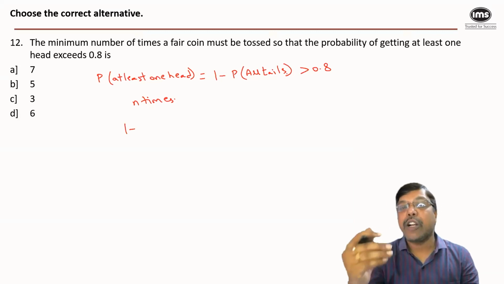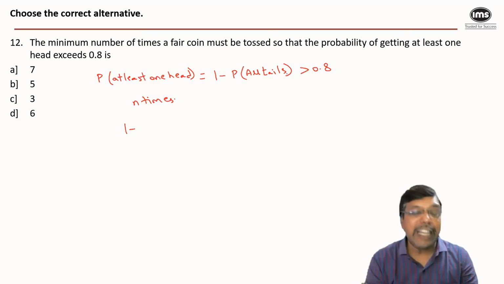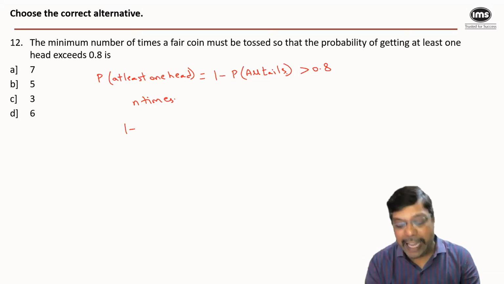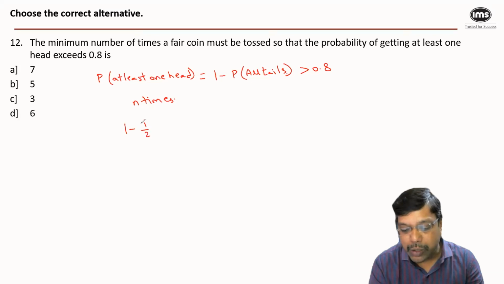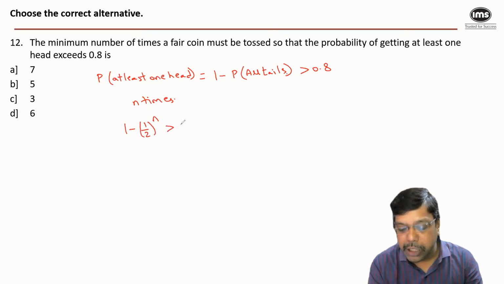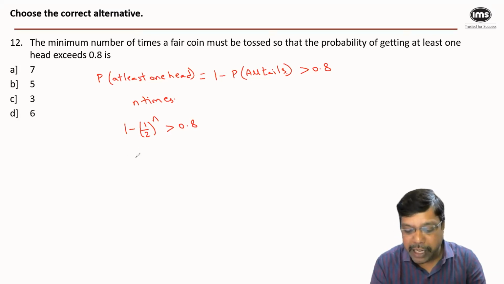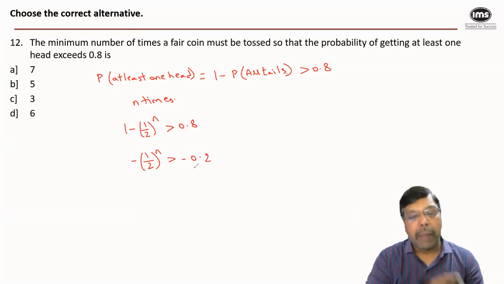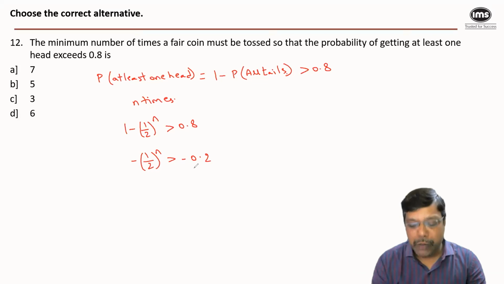So if I toss a coin n times and every time I want it to show a tail, then the probability is going to be 1 by 2 whole power n, which must be greater than 0.8. So from here, I can say minus 1 by 2 whole power n must be greater than minus 0.2, multiplying with a minus 1 throughout.